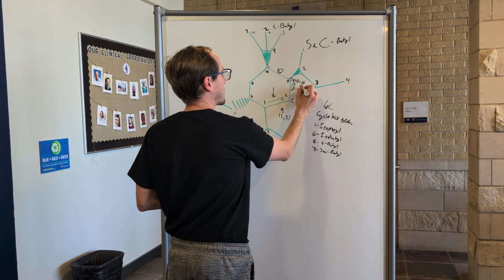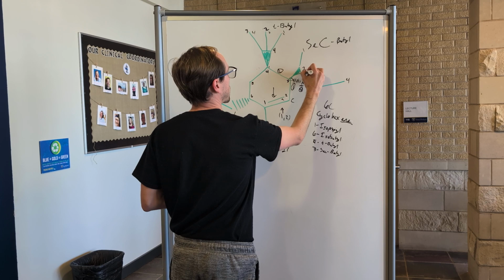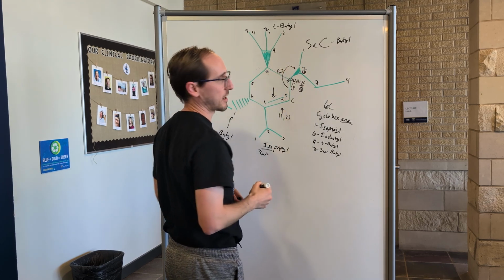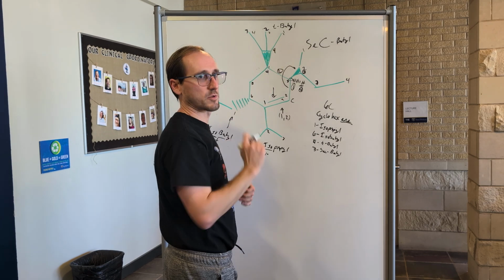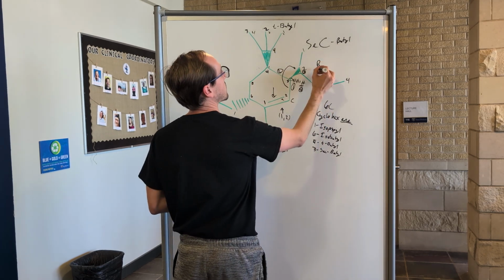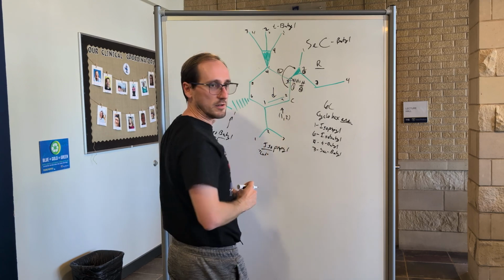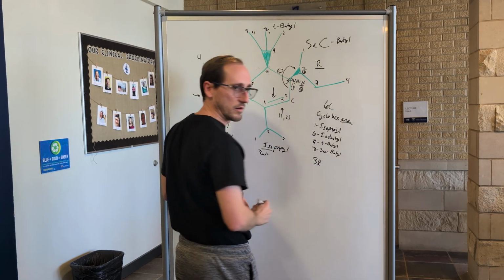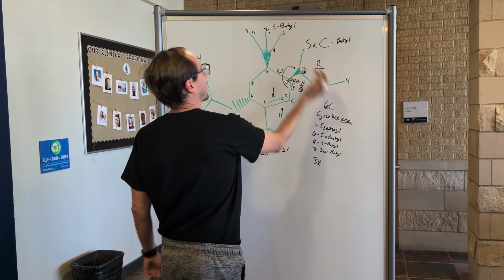So this is always number 4, which just leaves number 3 over here. So then we see 1, 2, 3 moving in a clockwise direction, which is therefore R right there. So we say R at the third carbon of the parent chain. So it's 3R. Okay?